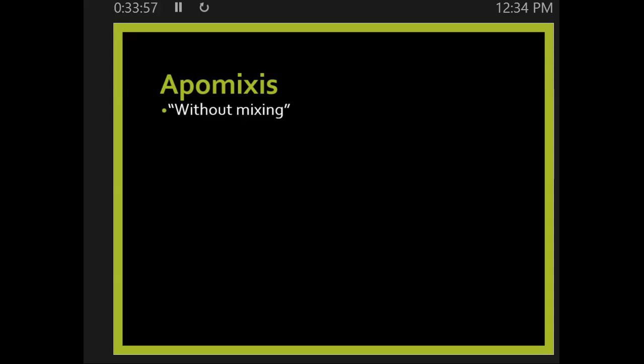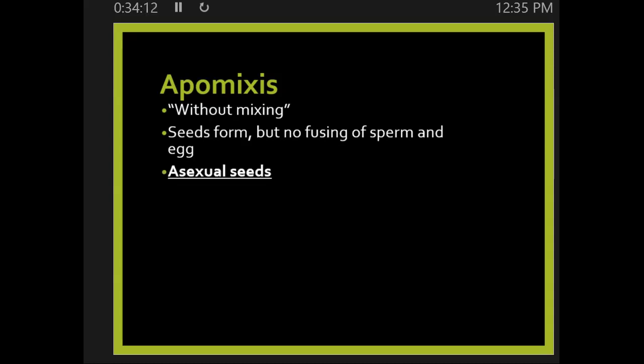Didn't have that going on, which is weird. You get a seed, but there was no sperm involved. This is very, very odd. So what you get is just asexual seeds. So a seed forms, but it's a clone of the mother plant. It's really strange. So asexual seeds, and so it's like a clone.